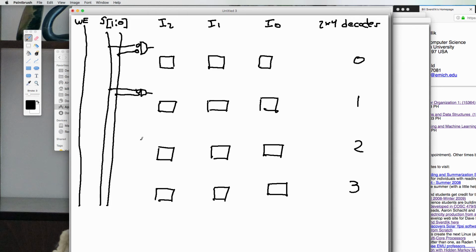Over here, I'm going to have another AND gate. And this time, I'm going to invert that line. So when I put a 1, 0 on here, this one will go high. And over here, I'm not going to invert any of the lines.